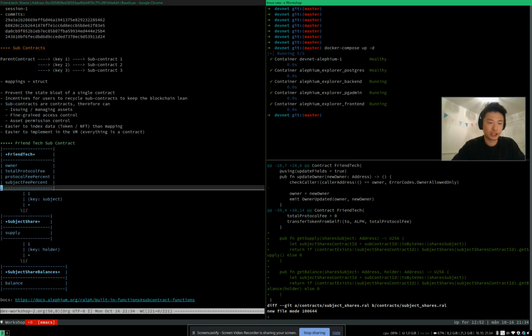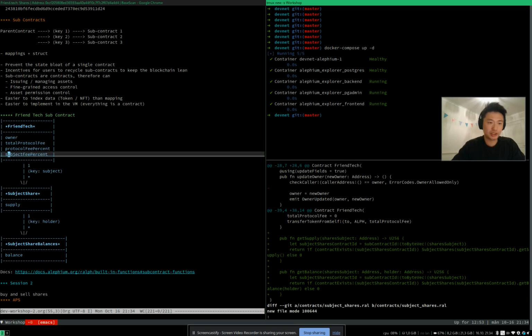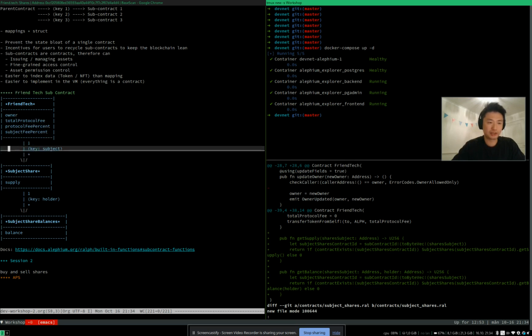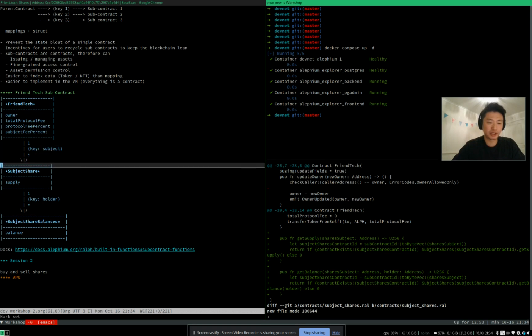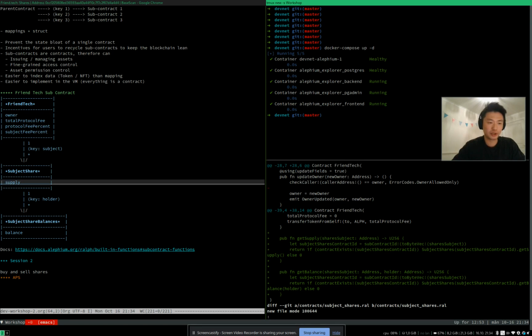Right now we have a Friend.Tech smart contract, and one way to keep track of balance is that for each of the subjects, we can use the address of the subject as a key and create a subject contract called SubjectShare. In there, we have a supply, which keeps track of the total supply for this subject.